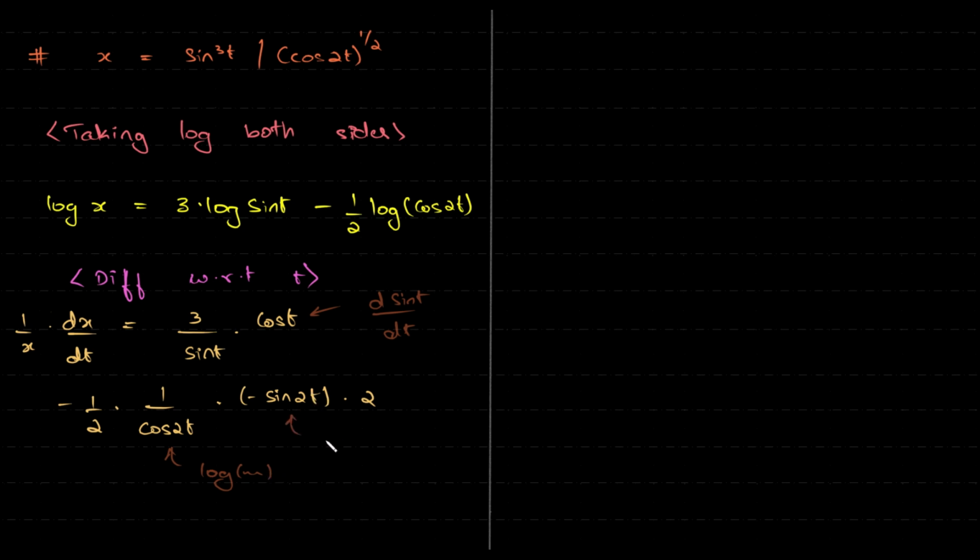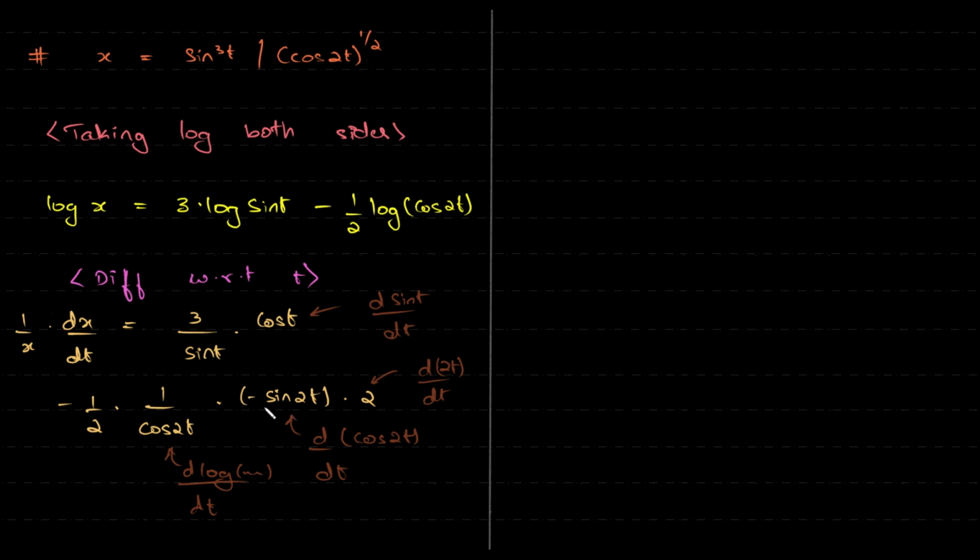This comes from the differentiation of cos of 2t, and this comes from the differentiation of 2t with respect to t. So these are the chain of thinking that you have to do.